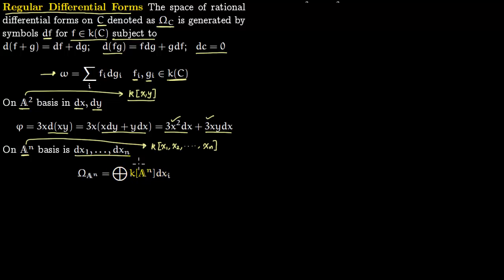Basically the functions lie in the ring k[An], just as this was k[A2]. So this is nothing but a direct sum like this: f1 dx1 plus f2 dx2 all the way to fn dxn.